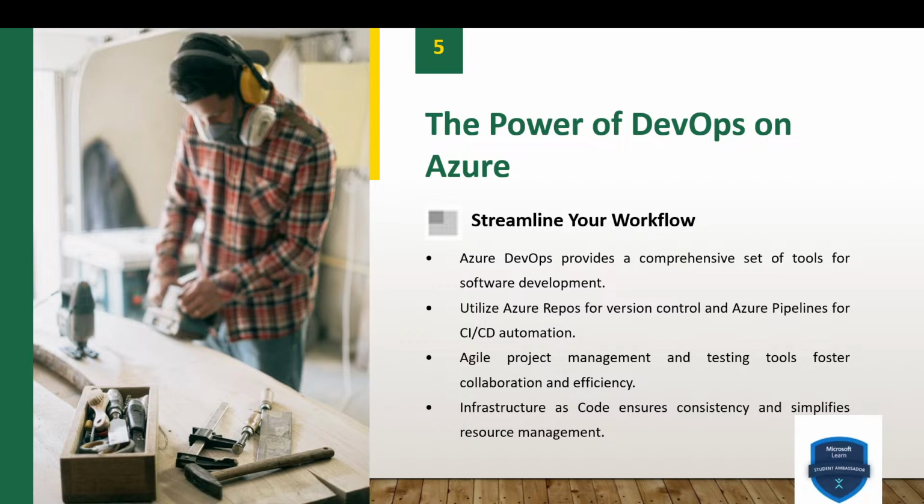With infrastructure as code, you can define your infrastructure in code and manage it just like your application code. This ensures consistency across environments and makes it easy to replicate your infrastructure across different stages of your development lifecycle.